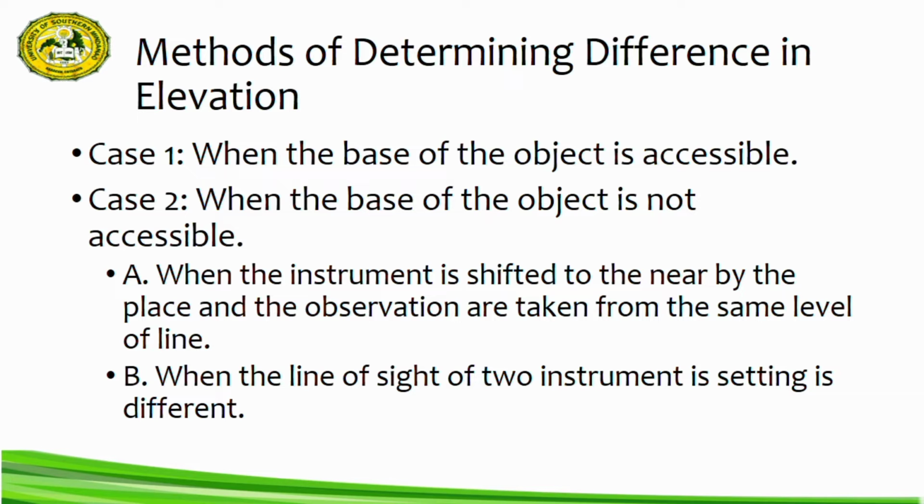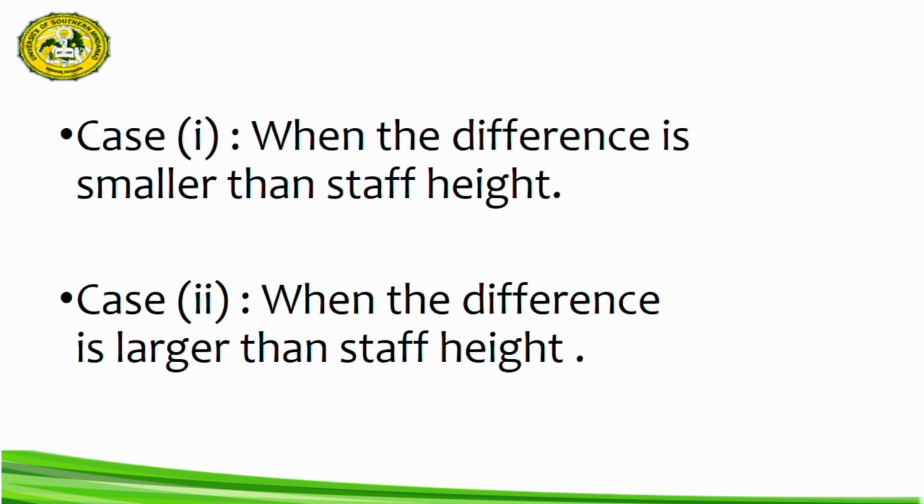B, when the line of sight of two instrument settings is different. And another case 1, when the difference is smaller than staff height. Case 2, when the difference is larger than staff height.